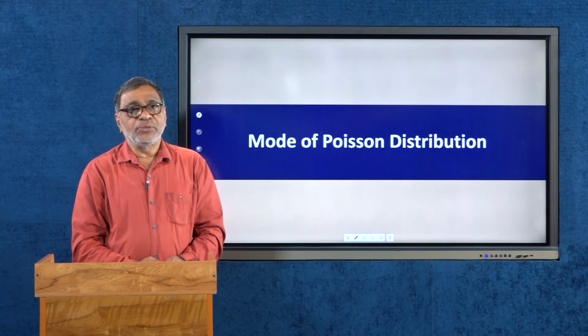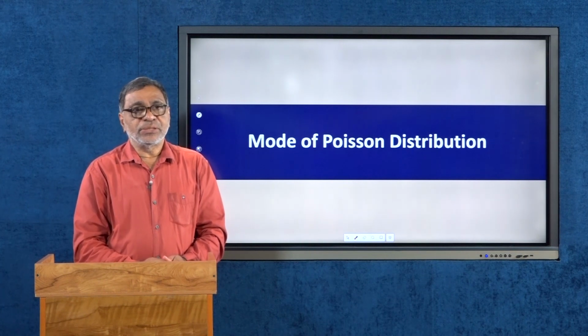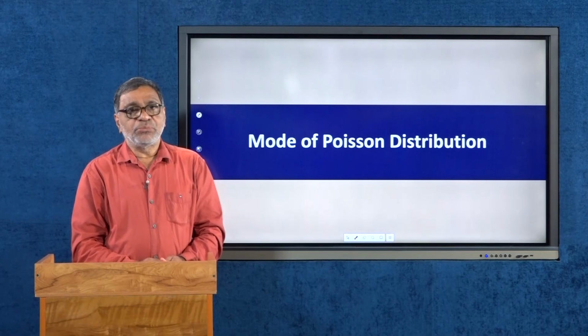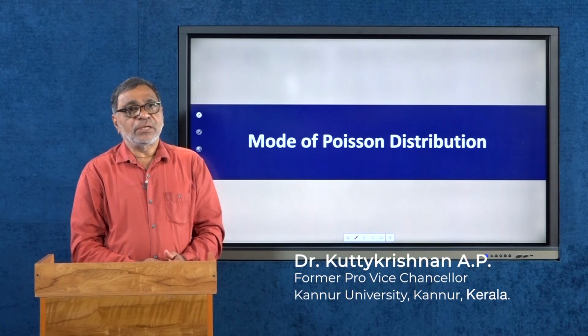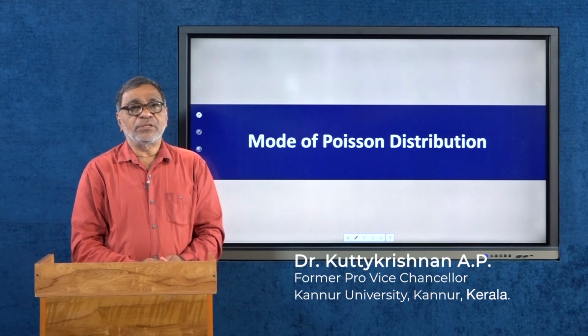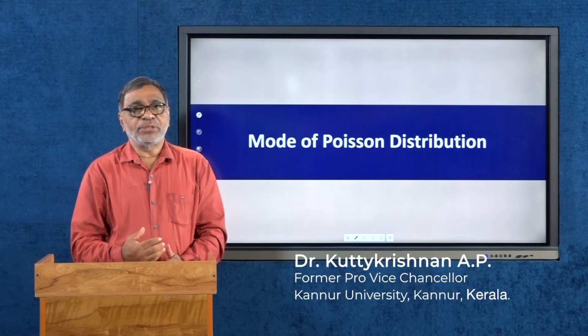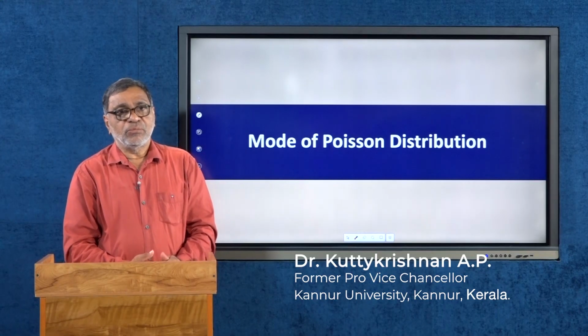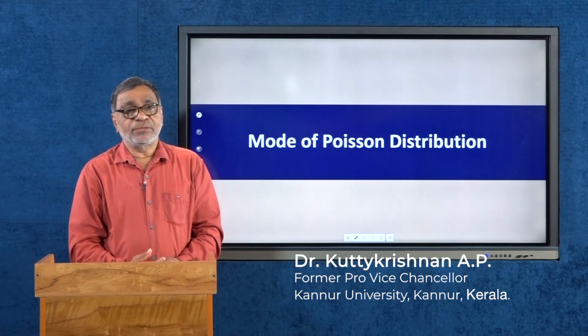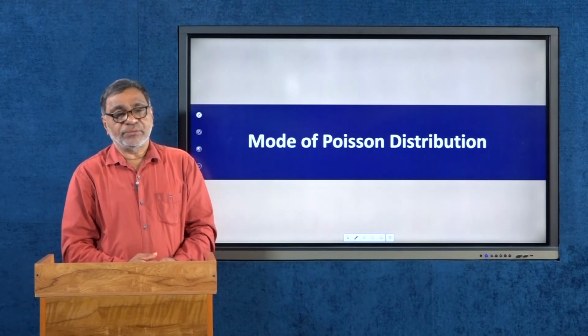In the last unit, we discussed the Poisson distribution and its different generating functions: the probability generating function, moment generating function, and cumulant generating function.